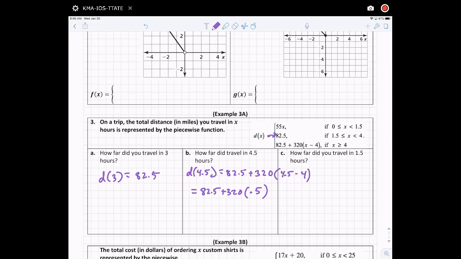Now maybe at this point you'd be reaching for your calculator, but what's the nice thing about multiplying something by 0.5? You just halve the thing. It's like if there were 200 points and you got 50% or 0.5 of them right, you only got half of it right, you'd have 100 right. So I could just do 82.5 plus, can we do 320 divided by 2 in our head?